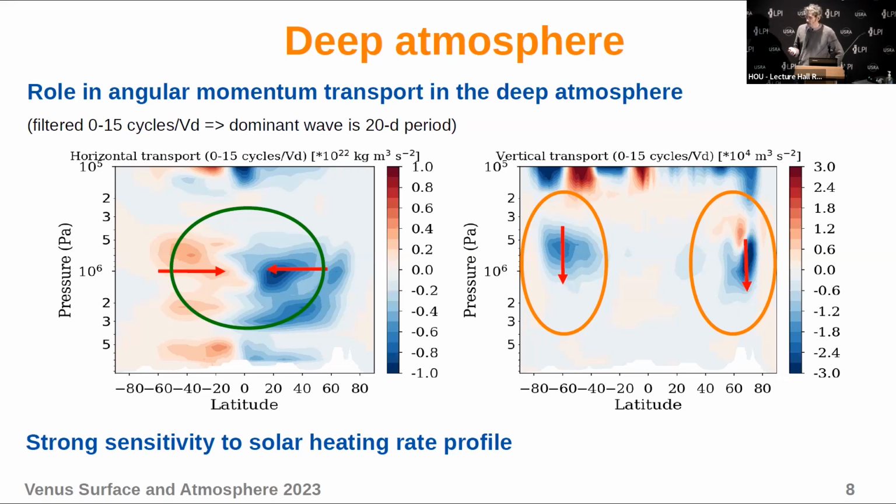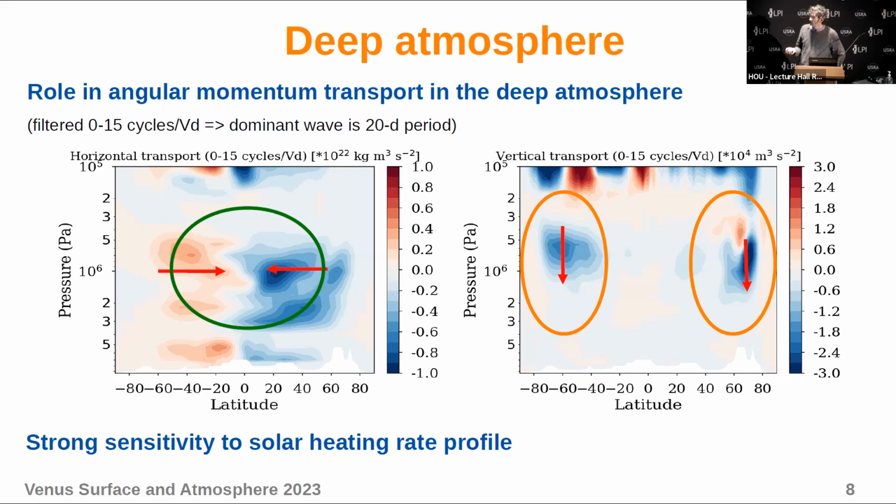Again, these waves are the dominant player in terms of angular momentum in the deep atmosphere, and this reflects a lot on the vertical profile of the zonal wind. Depending on the activity of these waves, we will have a vertical profile of the zonal wind that is more or less enhanced in the deep atmosphere, and especially in the equatorial region.